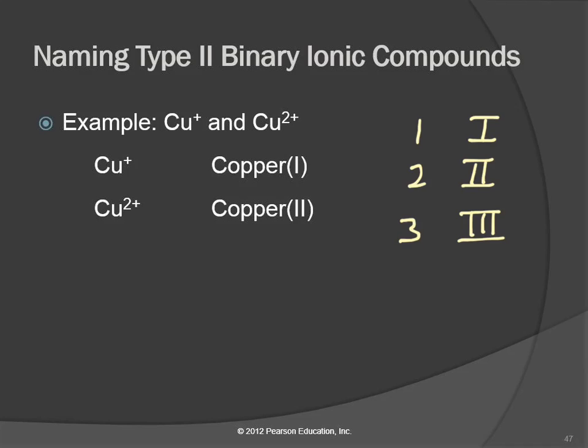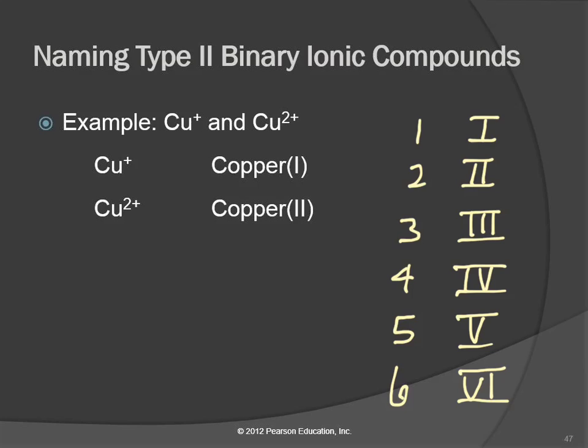Well, 5 is V. Don't ask me why, because I don't know. 4 is 1 before 5, 1 less than 5. And 6 is 1 more than 5. Aren't you glad you don't have to do math with Roman numerals? How do you multiply and divide those? Anyway, we probably won't get past 6.